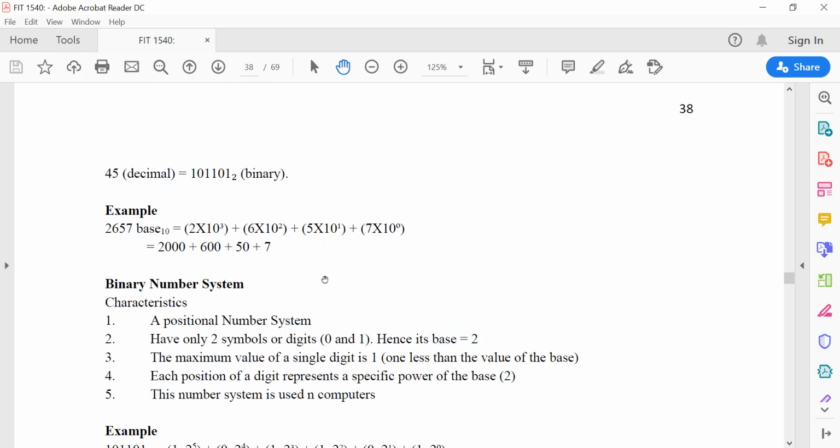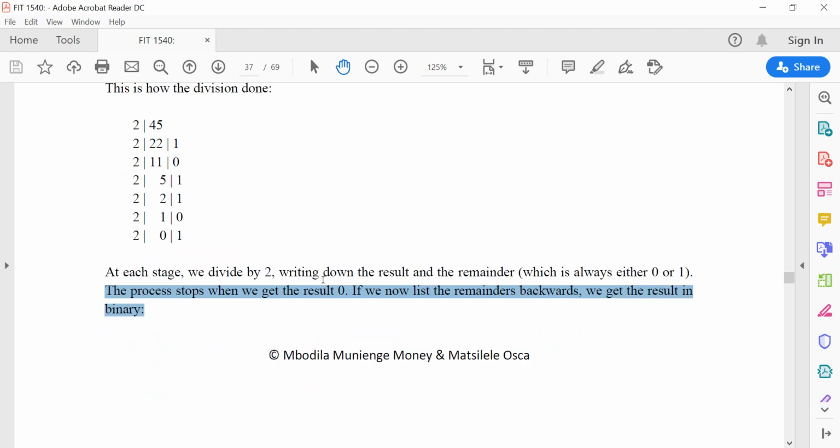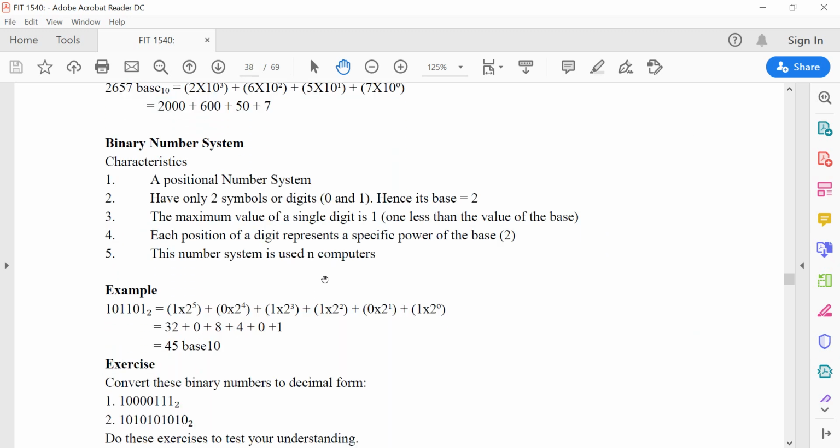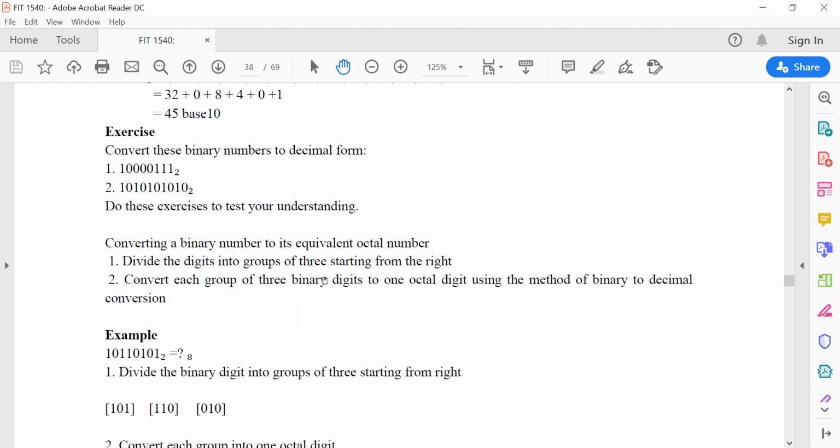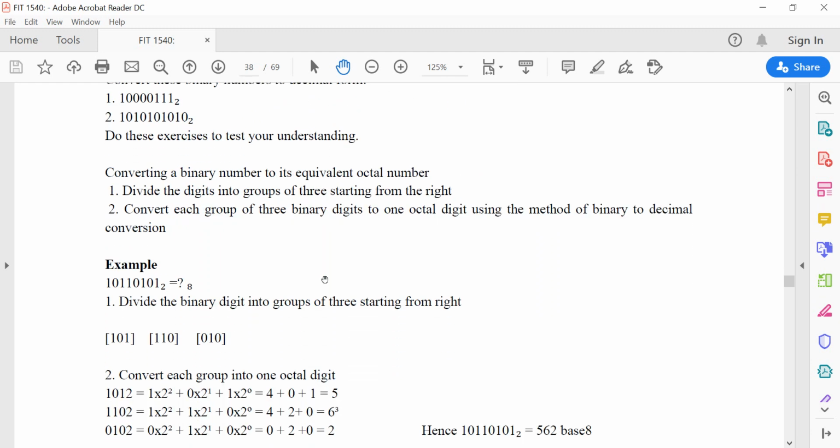So now we are done with the first conversion, and then converting a binary number to its equivalent octal number. We divide the digits into groups of 3 starting from the right.